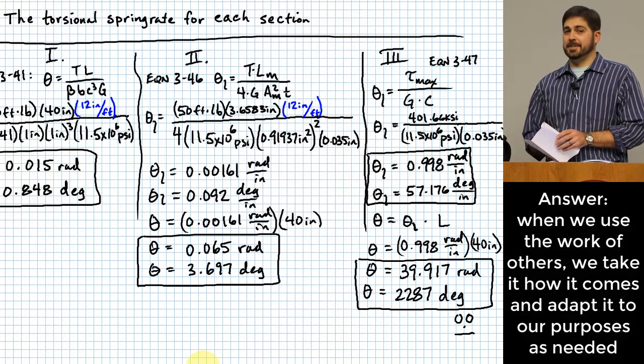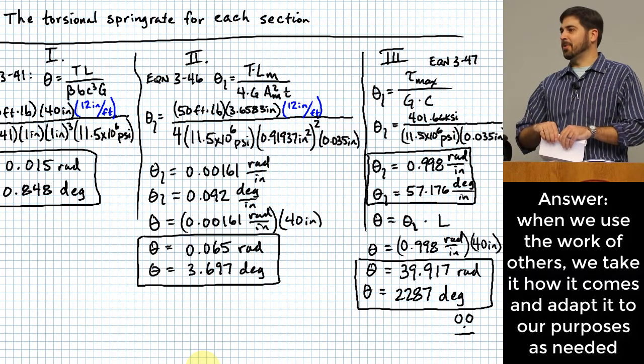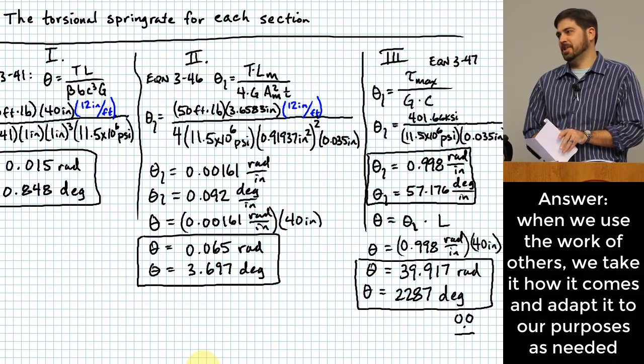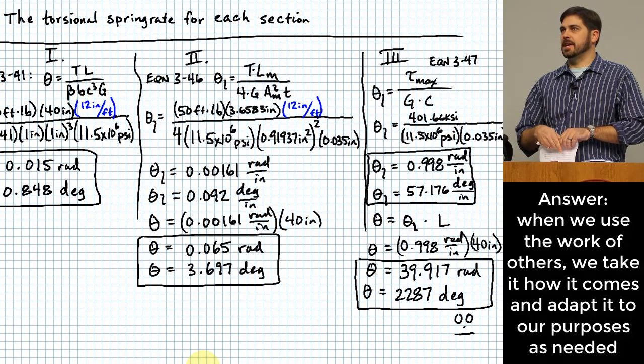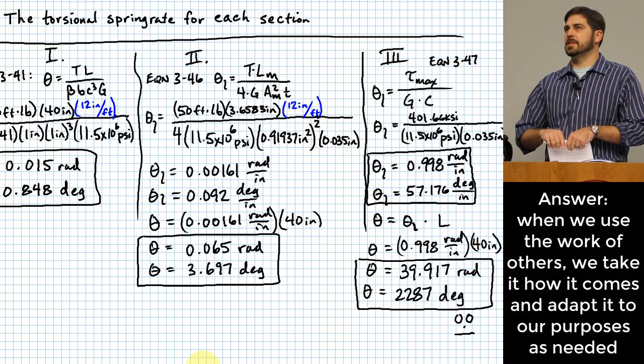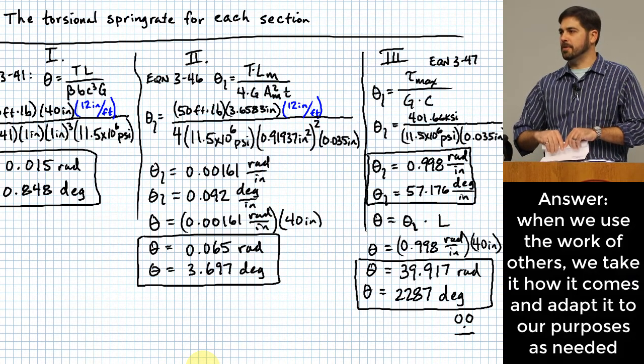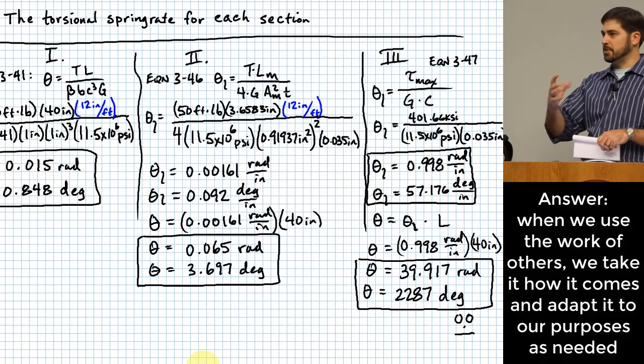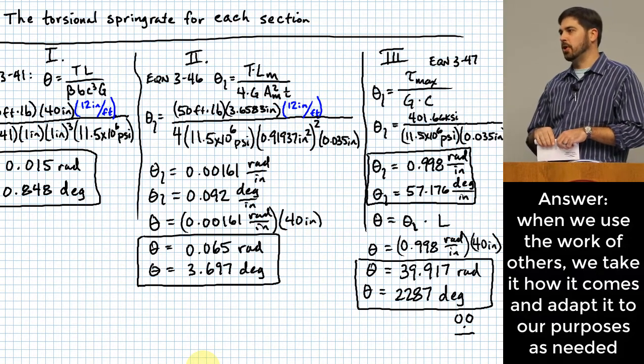Yeah, I don't know the answer to why they wouldn't express them all the same way, but this is how we have them. To some degree, it can be helpful sometimes to think in terms of angle of twist per unit length, because it's more of a function of just whatever the material in the cross-section is, and it sort of eliminates one of the variables that would control how much twist you had overall.